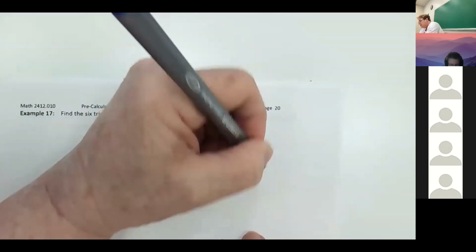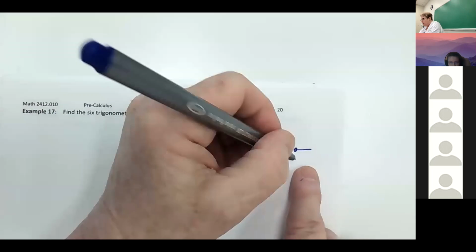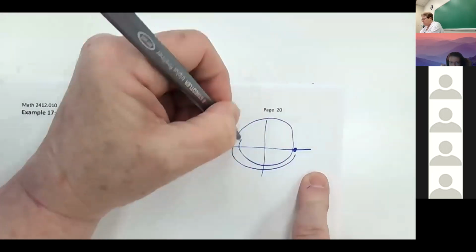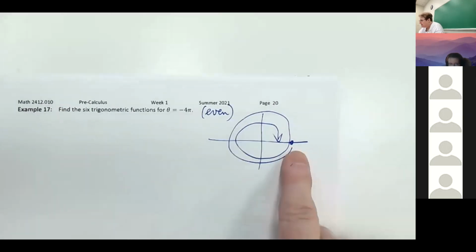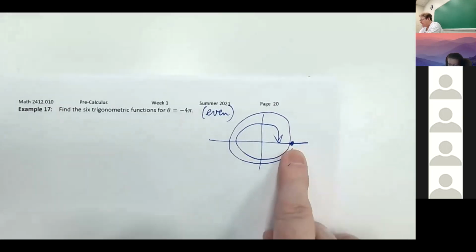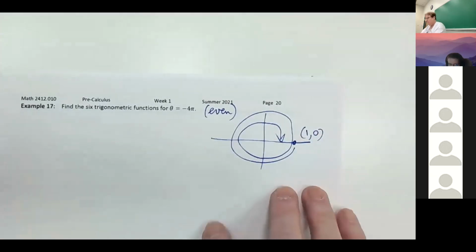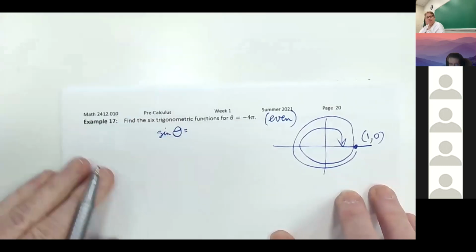That means that it's going to end up here. And it's negative 4 pi, so it's twice around in the negative direction, but still it's going to end up at this point, 1, 0. So what is the sine of theta?